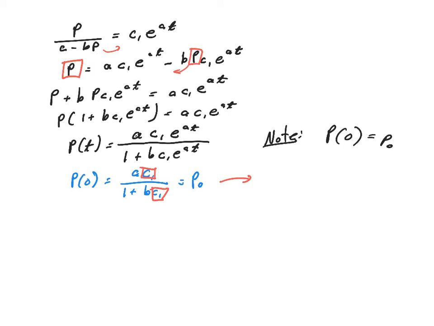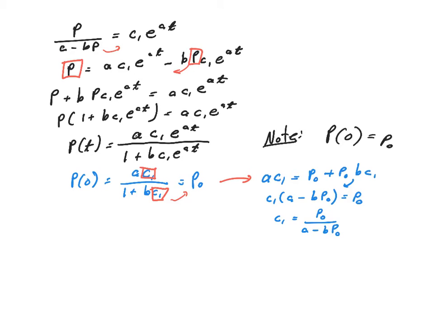I'm going to take this expression and multiply that out. So I get A C1 is equal to, and when I bring this to the other side, I'm going to distribute it out. I'm going to have P naught plus P naught B C1. Now I bring this to the other side and factor it out. So now I have C1 times A minus B P naught is equal to P naught. So that means that C1 is equal to P naught divided by A minus B P naught.